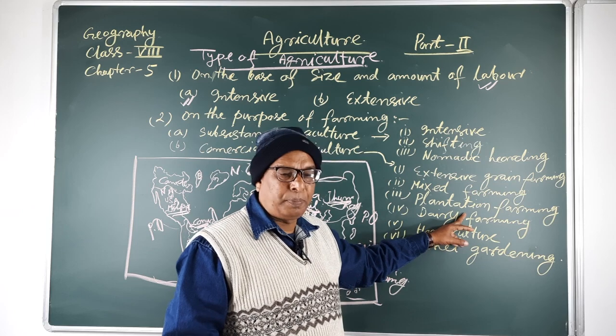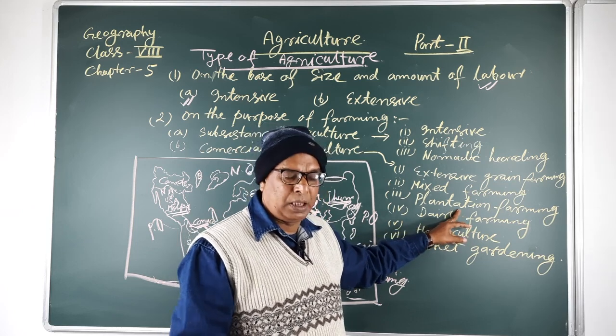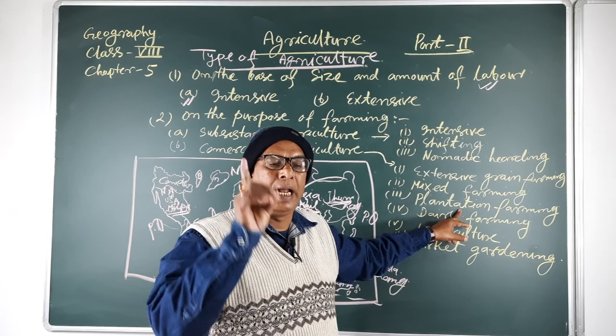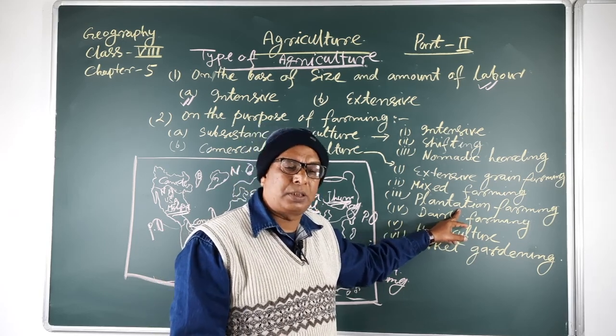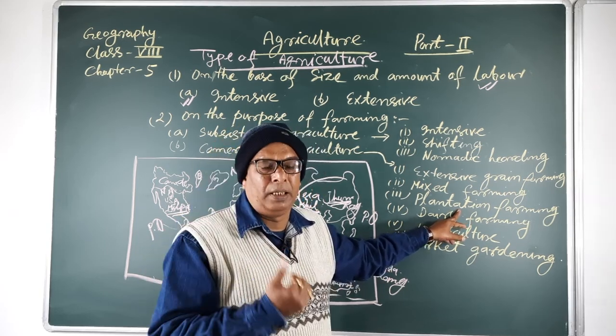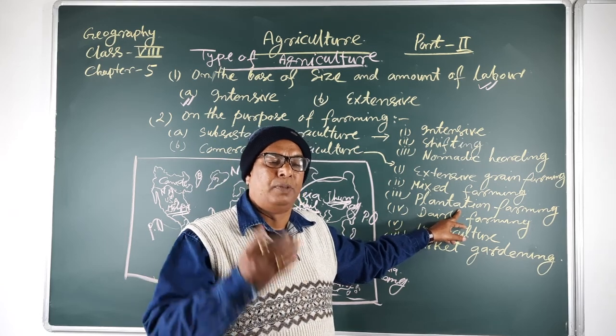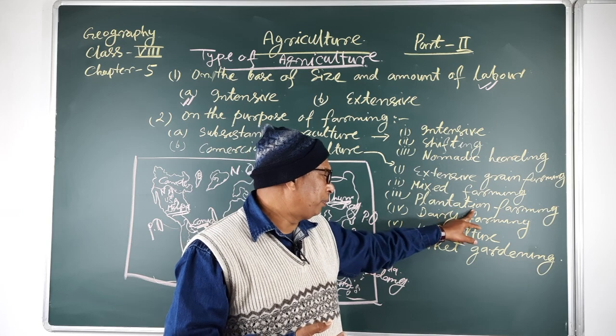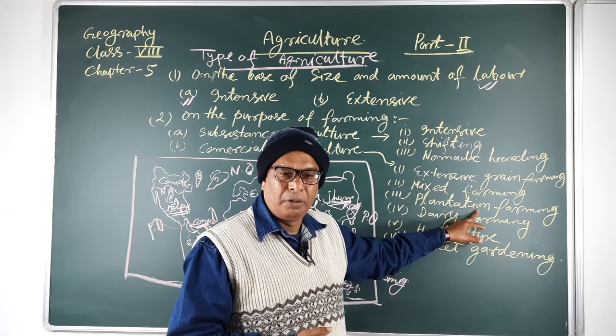And plantation farming. Under plantation farming, a plant is planted in one season or one time, and production is obtained for a long period of time again and again. So these types of farming are known as plantation farming.